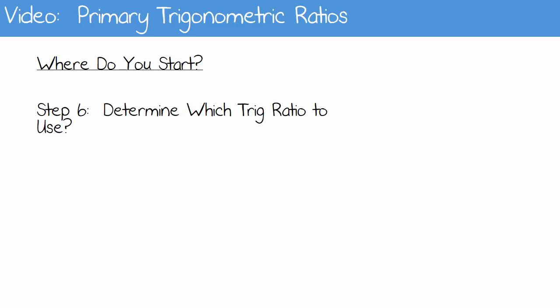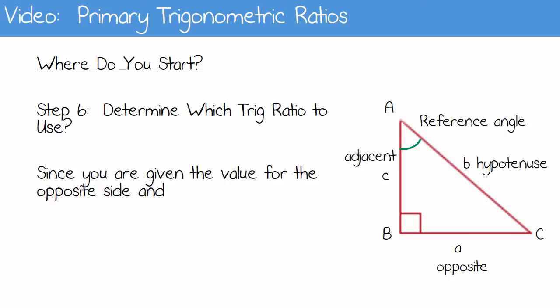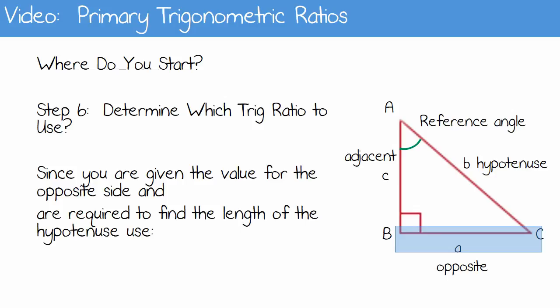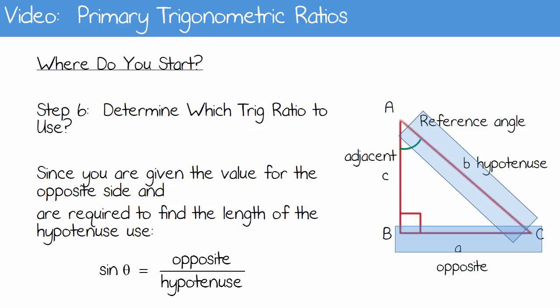Now, continuing with determining which trig ratio to use, you are given the value of the opposite side, and you are required to find the length of the hypotenuse. We have opposite over hypotenuse, which would be the sine ratio.